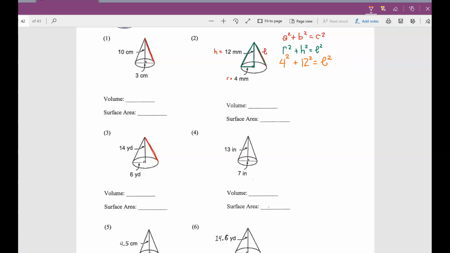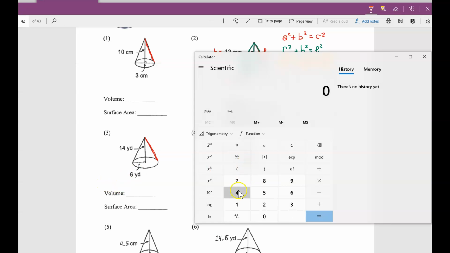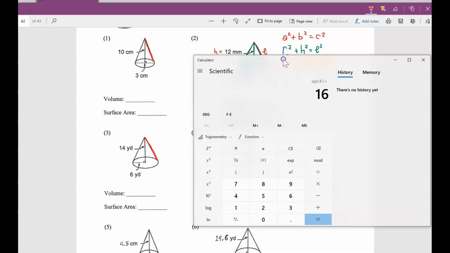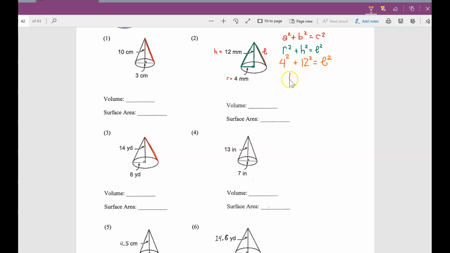Now let's do our calculation. Pull up the calculator. We're going to do 4 squared plus 12 squared. That's 160. So 4 squared plus 12 squared is 160.